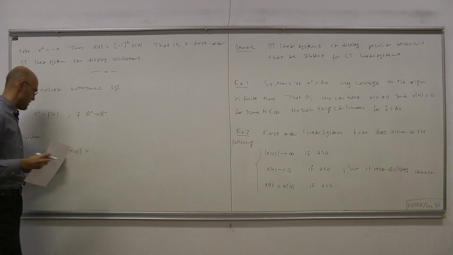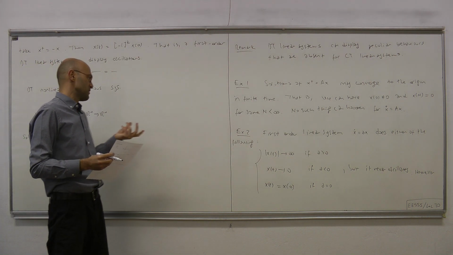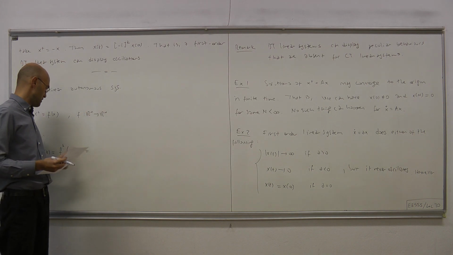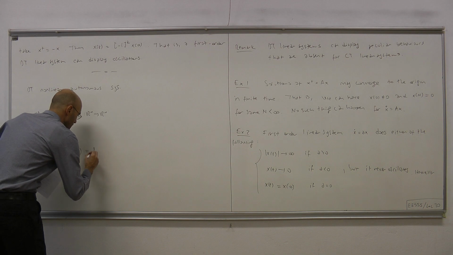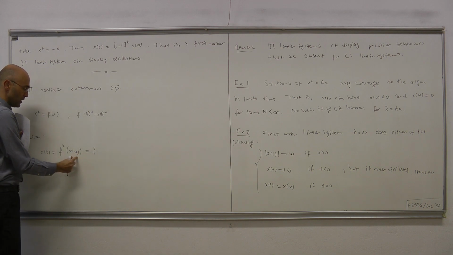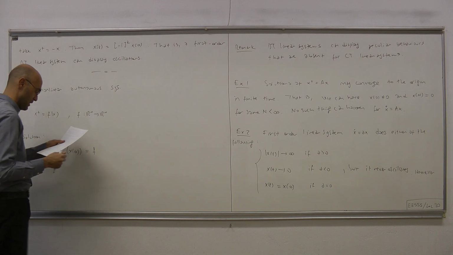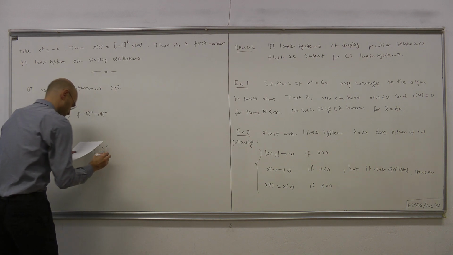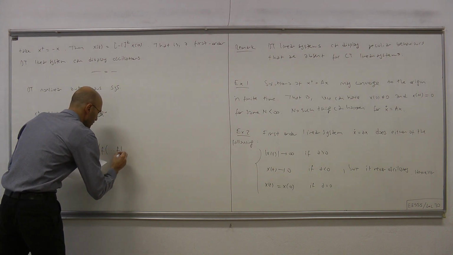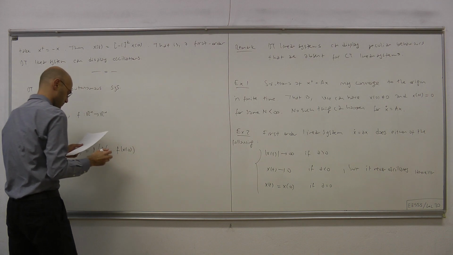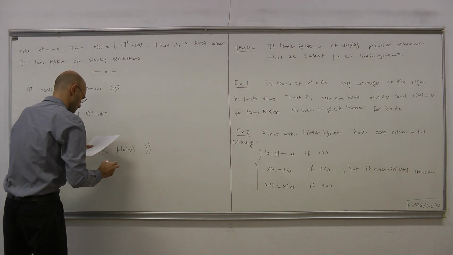x of k equals f applied k times of x0. By this notation, we're not taking the kth power, because that doesn't make sense for vectors. It's not a matrix. This notation simply means that you take x0, this argument, and you apply this mapping f k many times: f of f of ... of x0.